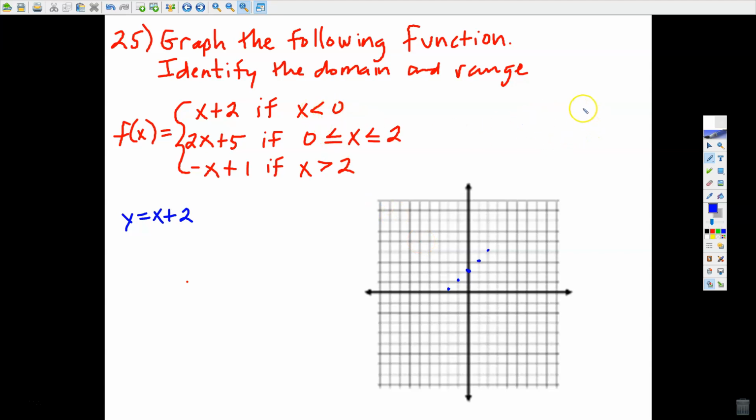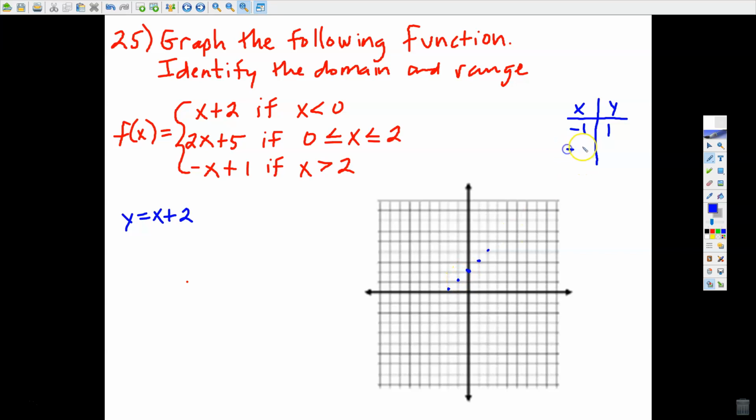Maybe, I don't know if this would help, just do a little table and input numbers that match this. So an x that would be less than 0 would be -1. So if I input -1 into this, I would get +1. So here's -1, +1.